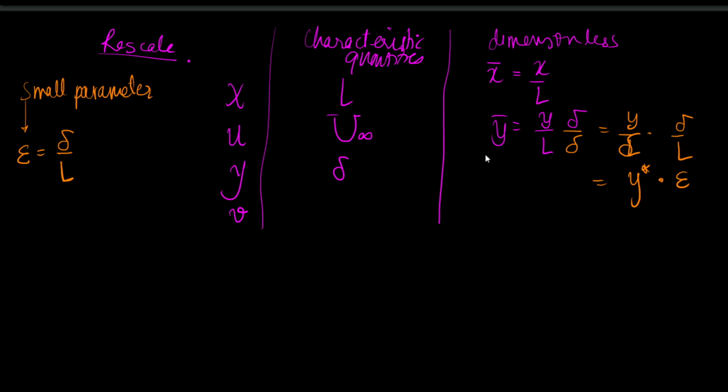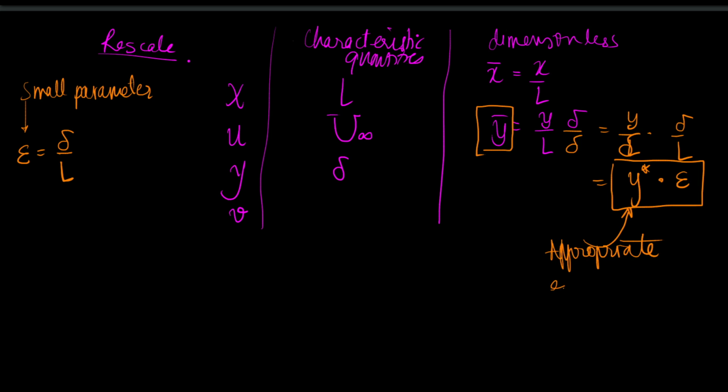Whatever we had derived in the equations previous to this, we simply have to replace y bar with this. And in this equation, y star is now an appropriate rescaling, because y star will vary from 0 at the wall to a value of 1 at the edge of the boundary layer.